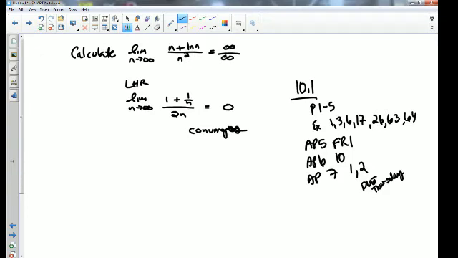Exercises: 1, 3, 6, 17, 26, 63, and 64. Those are all definite. So you can pretty much do all of it.